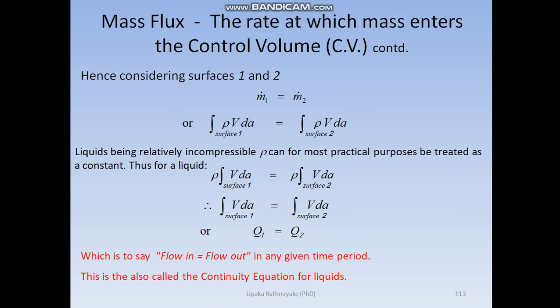So, we can have rho 1 Q1 as the M1 dot, rho 2 Q2 as the M2 dot, and we know we are dealing with incompressible liquids, so rho cancels out and we have Q1 is equal to Q2. That means flow in is equal to flow out.